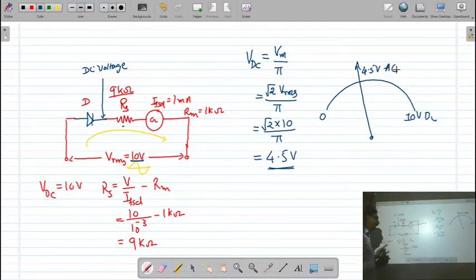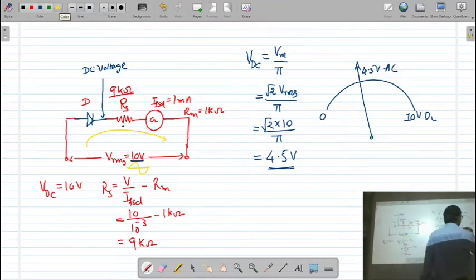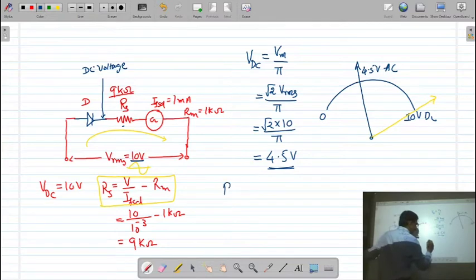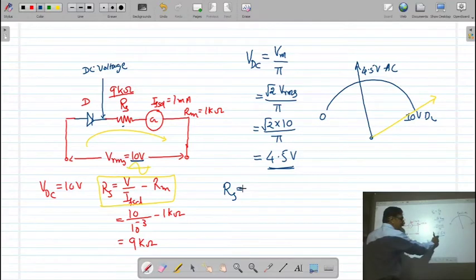So again, if you want a deflection of exactly 10 volt, then I have to change my formula. Whatever the formula was, V upon IFSD minus Rm, now we can write Rs is equal to, remember, here it is indicating this 4.5 volt, means only 45% of the voltage is indicated by the meter.